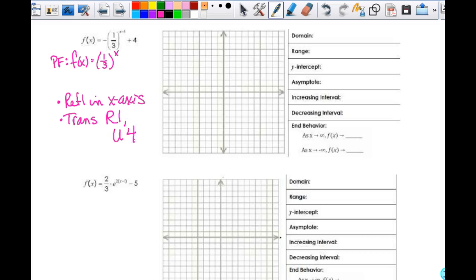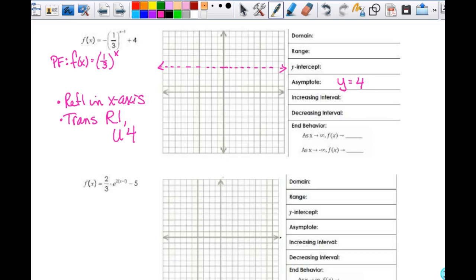Now my asymptote is horizontal because this is an exponential, and so what affects the placement of that, for the parent function, it's here at y equals 0, but if I have a vertical translation, that changes my asymptote, so it's here at y equals 4. First thing I graph, so it can also be the first thing I write down.